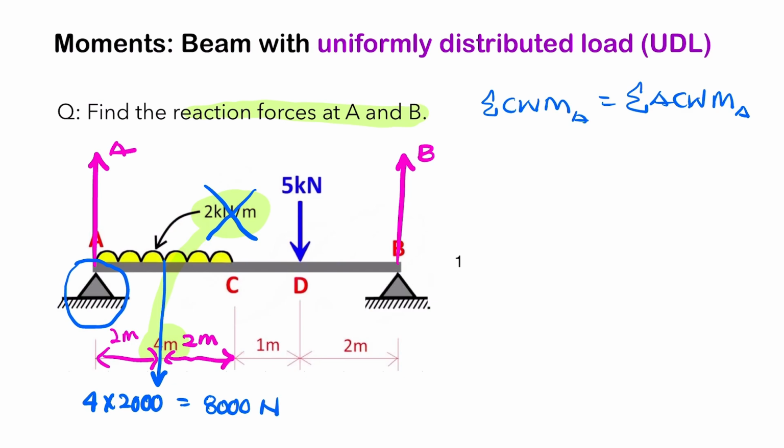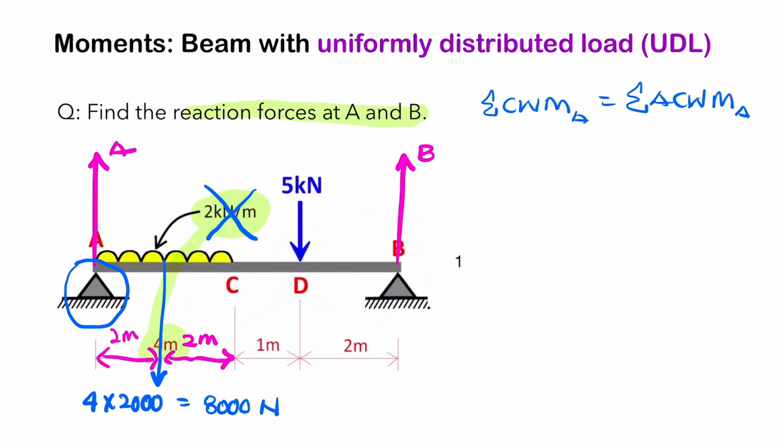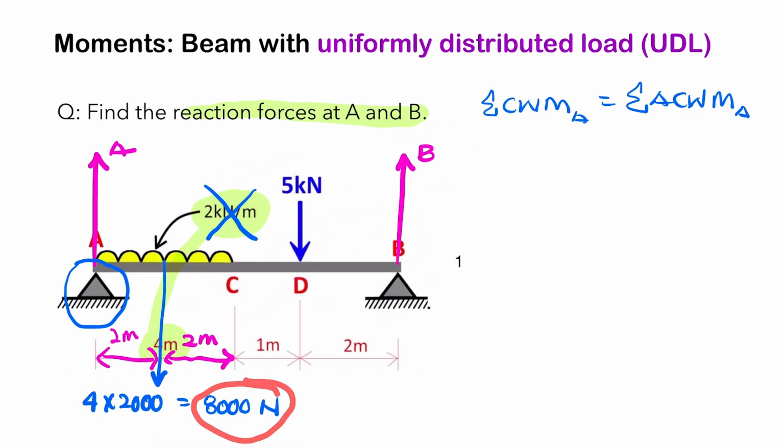So, which forces contribute to a clockwise moment or a clockwise rotation? This one clearly is clockwise, and this one is clockwise, and this looks like it's anti-clockwise, and we don't count the reaction at A because it passes through the support, so the distance will be 0. So we only count this, this, and this. The 8,000, we're going to multiply by the distance here, which is 2 meters.